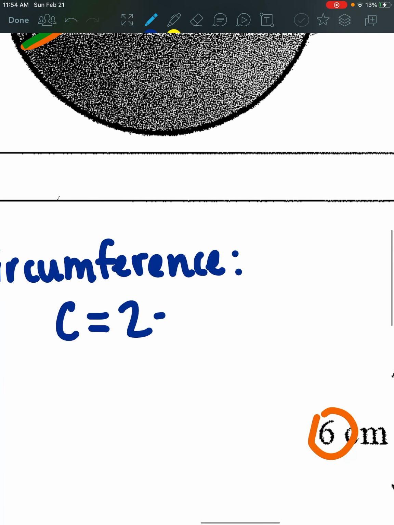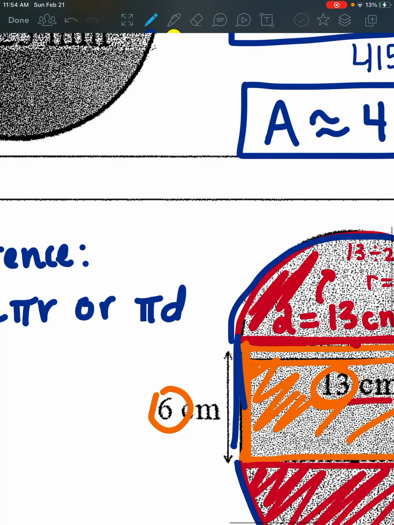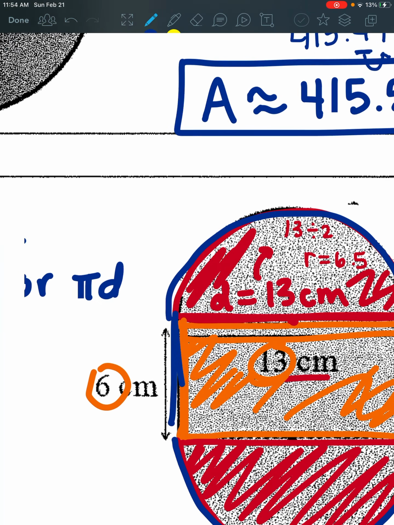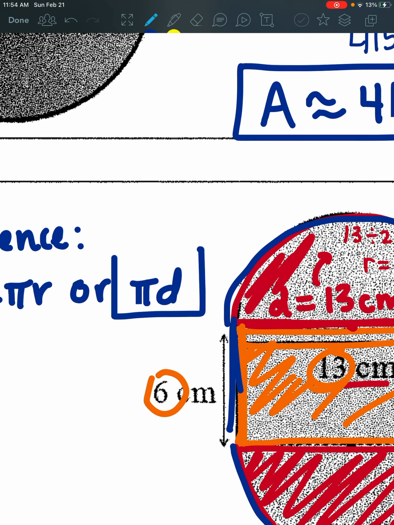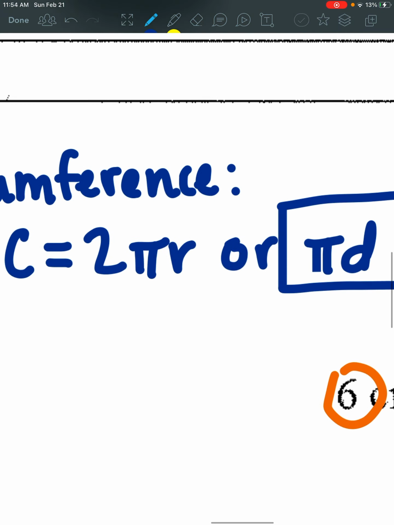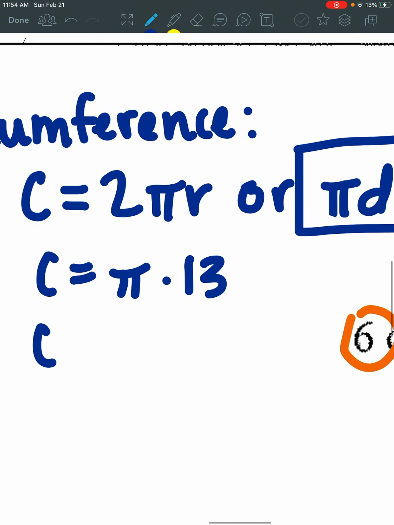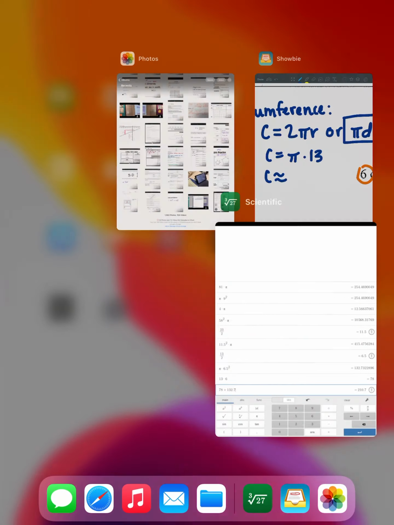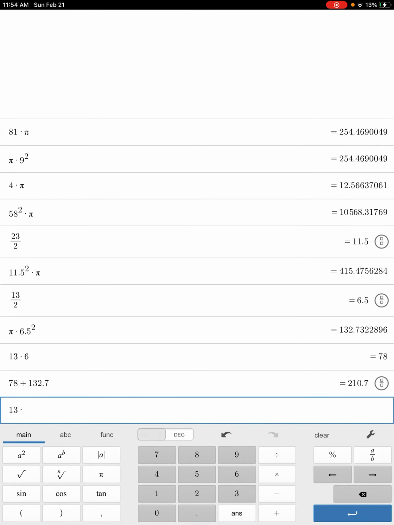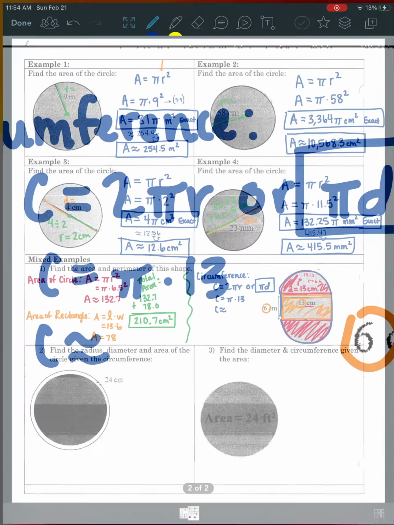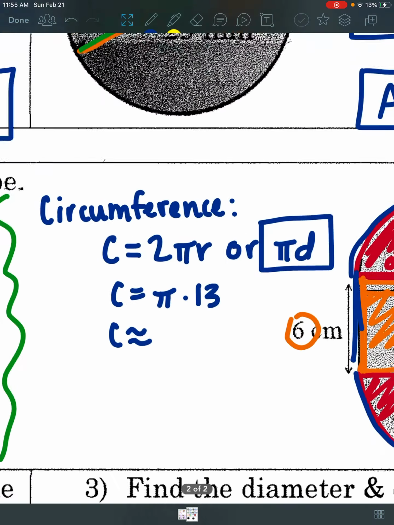Remember, we can use 2 pi r, or we can use pi d. We already wrote down over here the diameter and the radius, so I'm just going to stick with pi times diameter. It's a little less work. So pi times the diameter was 13. Again, I'm going to approximate this, round it. So 13 times pi, we get 40.8.